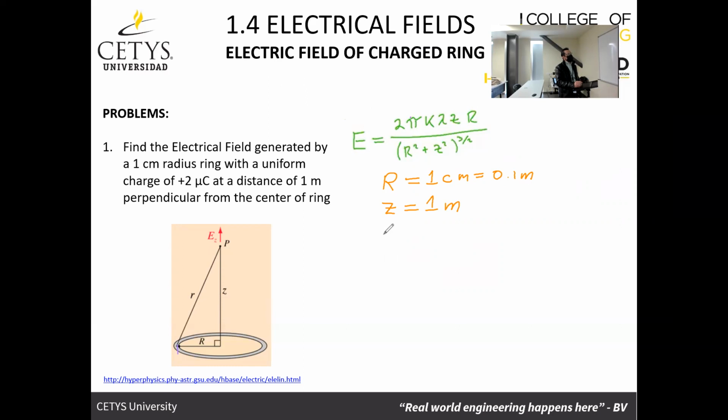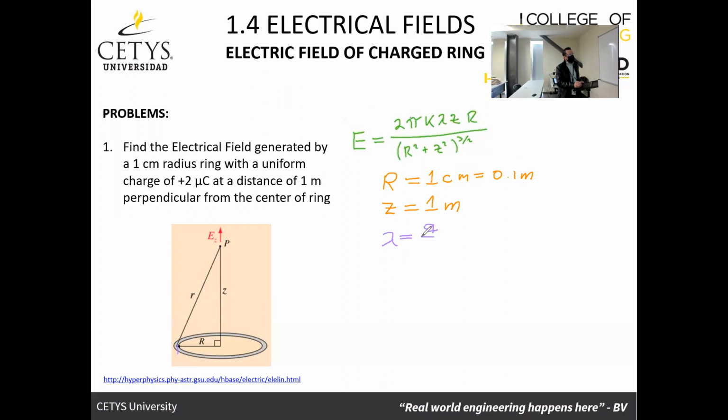And lastly, we need lambda. Now, lambda, again, since we're talking about charges, but the charge is distributed along a linear path, then lambda is going to be the total charge divided onto the length, because it's a linear distribution, or it's charge in coulombs per meter.